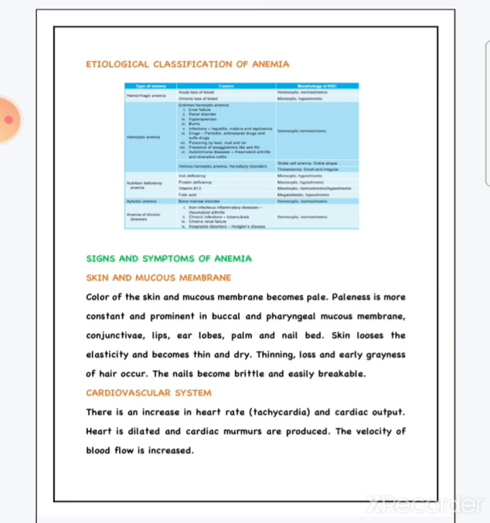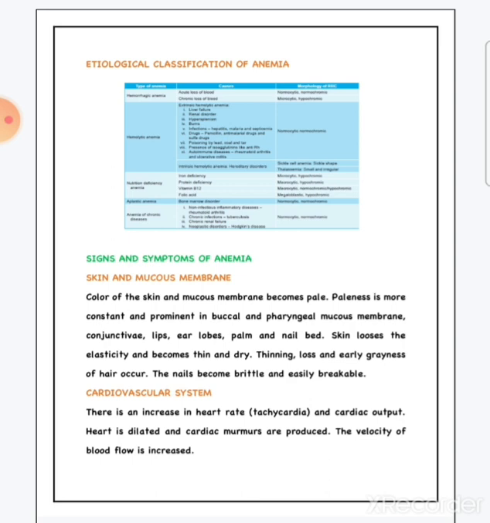Another type of anemia is aplastic anemia. Here the cause is bone marrow disorder, and the morphology of RBC is normocytic normochromic. And another type of anemia is anemia of chronic diseases. Causes are 1.